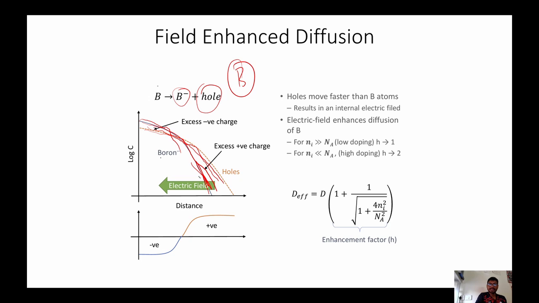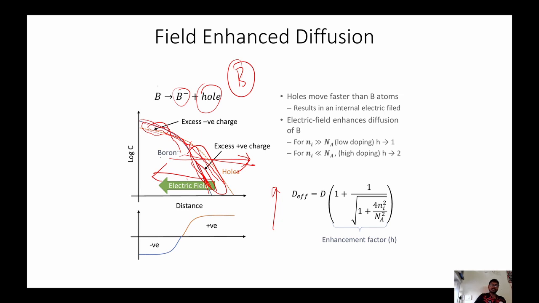So there will be excess electrons in this position, excess holes in this position, so there will be an electric field. This electric field will pull the boron atoms in this direction. With higher concentration, as we were saying, the diffusion coefficient will be modulated, and this diffusion coefficient will be more than expected.